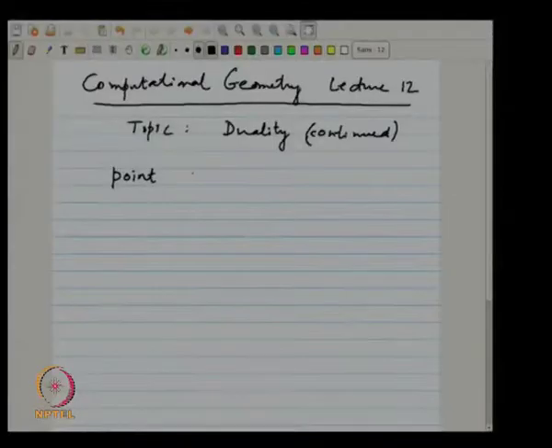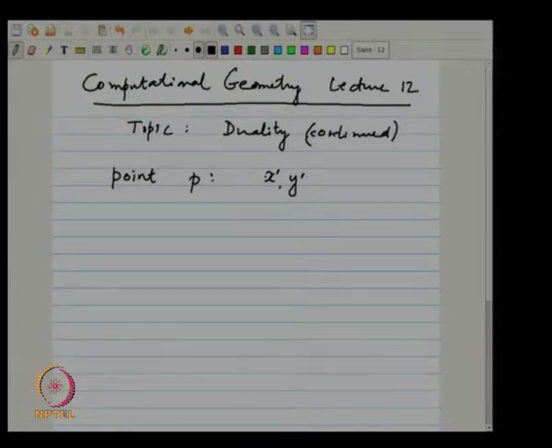The point again is a pair of coordinates. So, a point P is some kind of coordinates, let us say x prime, y prime. And the line is specified in the slope intercept form, so it is the slope and the y intercept.